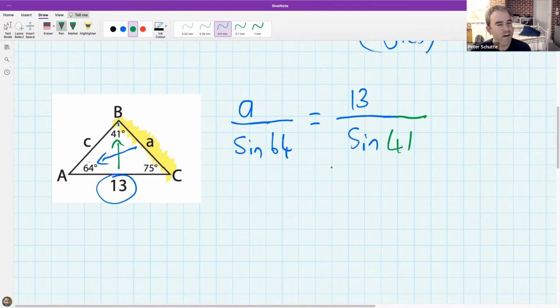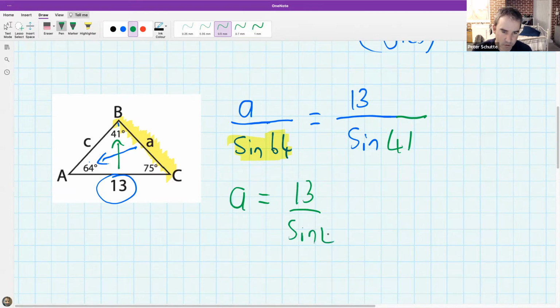So to find the A now, the problem is this sine of 64 down here. I need to get rid of it. And so what I do is I multiply both sides by the sine of 64. If I do that, I'm left with an A by itself on this side, and on this side I'm left with the sine of 41 that was there, and then I just multiply by the sine of 64.